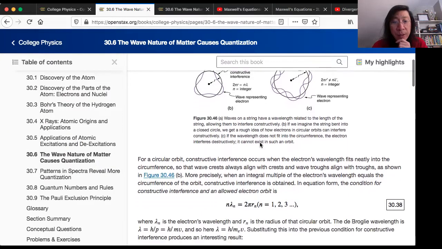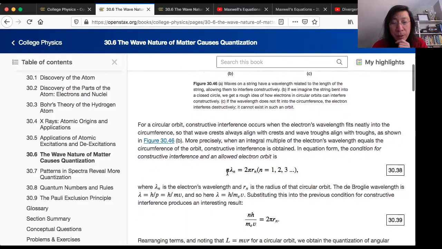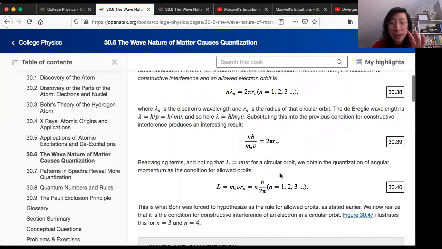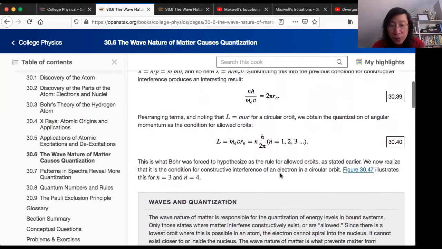But let me give you the point. There are certain areas in an atom where the electron orbiting around it can exist. In other words, constructive interference of that wave allows for the existence or the location of those electrons in those parts of the atom beyond the nucleus. If they don't do a good job of constructively interfering, then they can't be there.